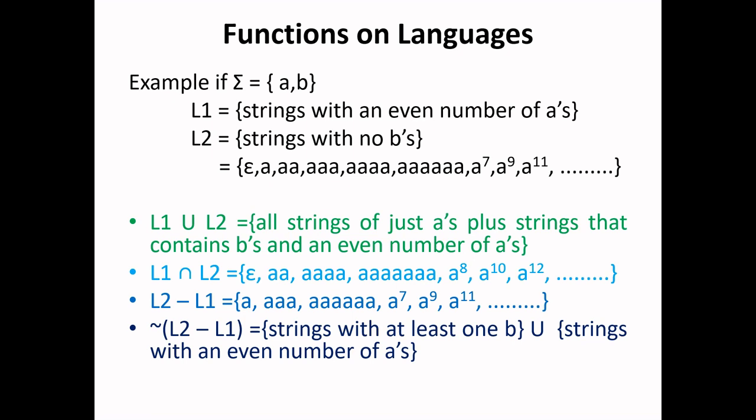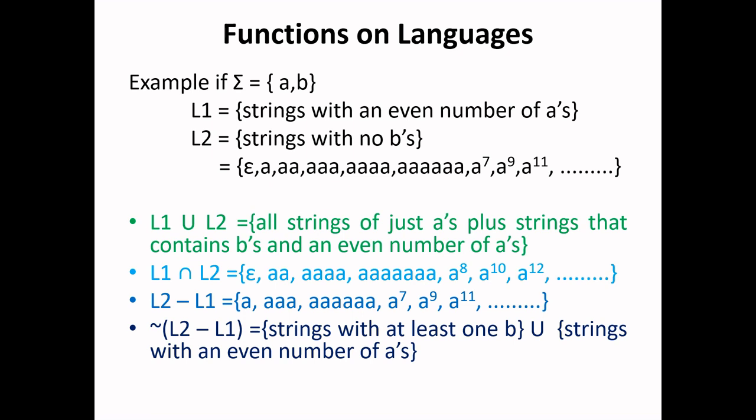On applying the first function, that is union, on these two languages, L1 union L2, we get all possible strings with an even number of A's and all strings of A's plus strings that contain B's.